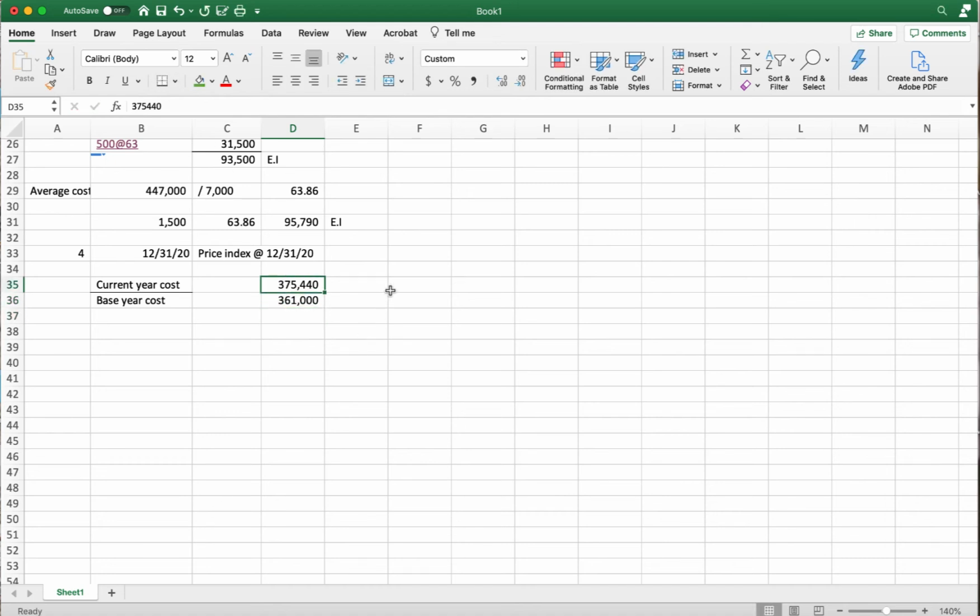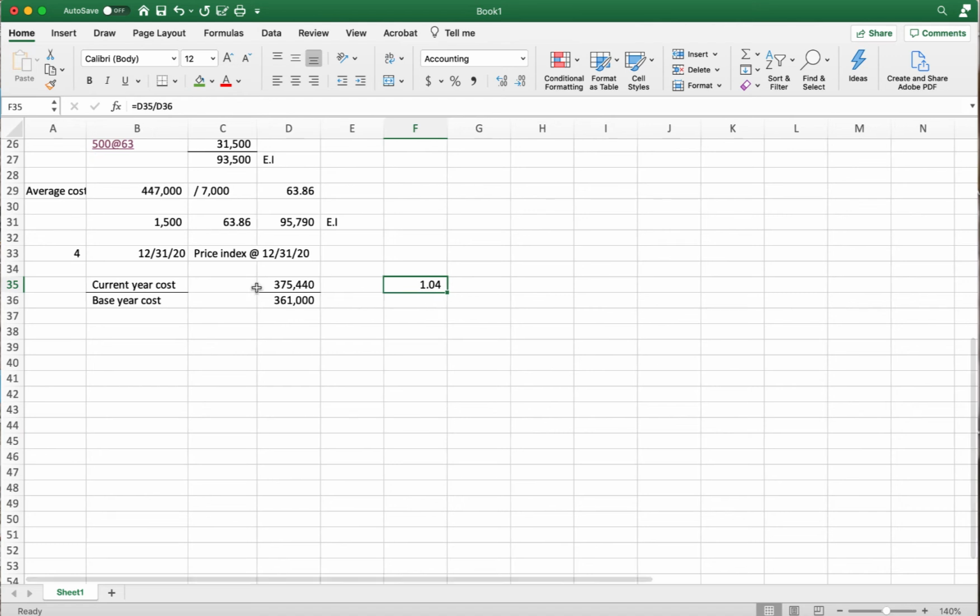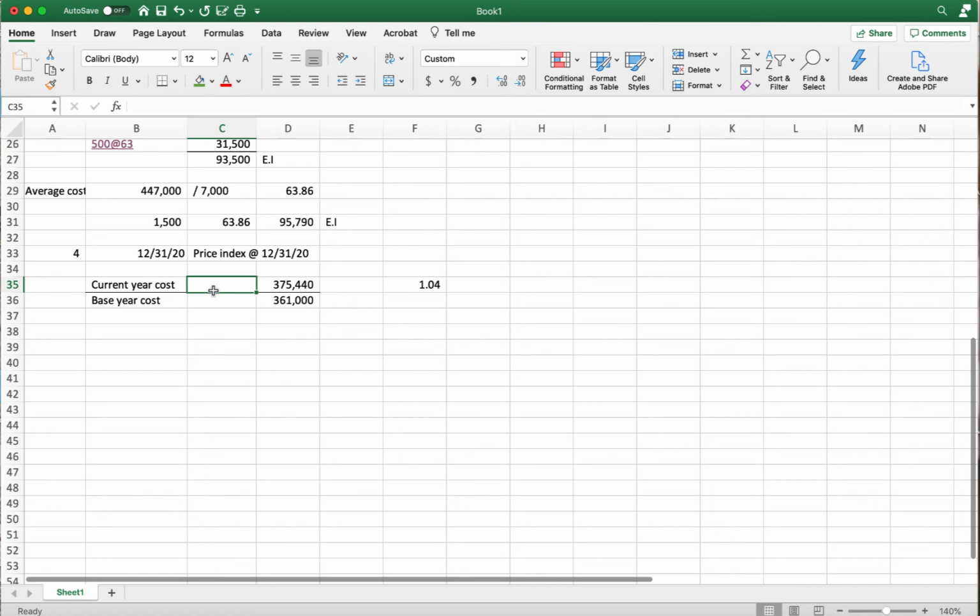When I divide these two, I end up with 1.04, right? But I need to multiply this by 100.